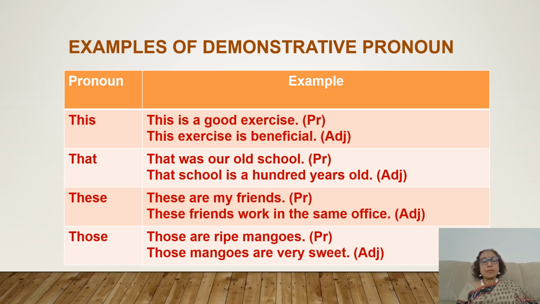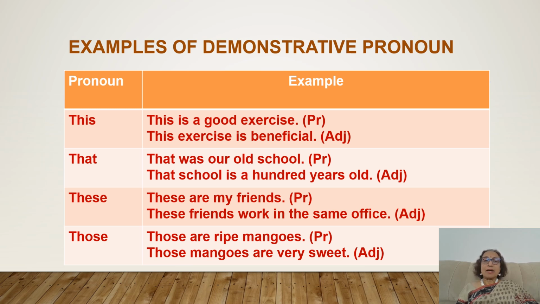These are the 4 demonstrative pronouns, but they have an adjective function. If a noun comes immediately following, then it is an adjective function. If no noun comes, instead a verb comes, that is a noun function.